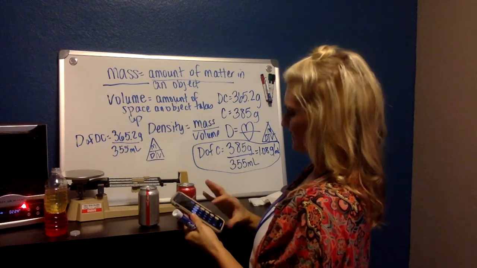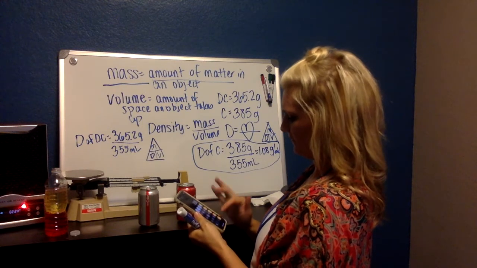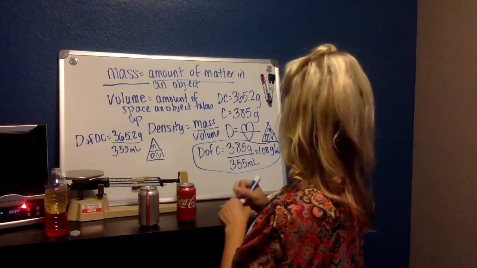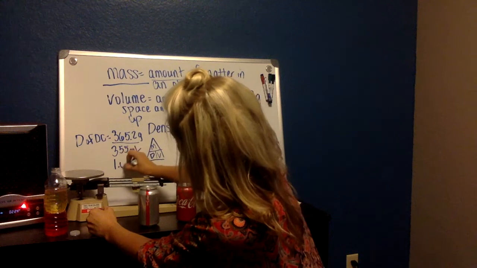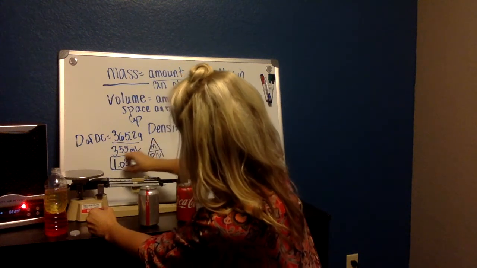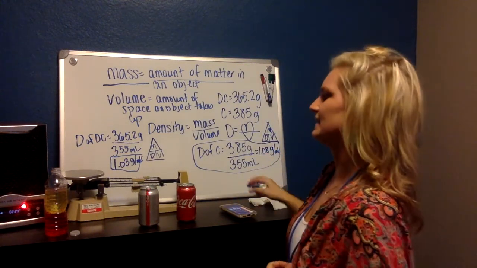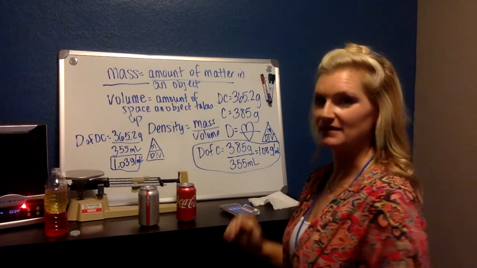So 365.2 divided by 355 equals 1.03 grams per milliliter. All right, so my density of my Coke is 1.08. My density of my Diet Coke is 1.03.